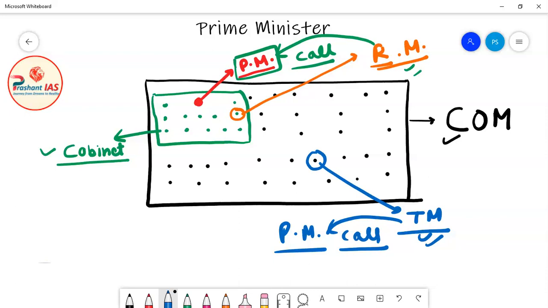Means Prime Minister has the right to know what is going on inside all the ministries. Prime Minister can call any minister and ask for any information, but no other minister has this right. Only Prime Minister has the power to call any minister and ask for any relevant information from them.